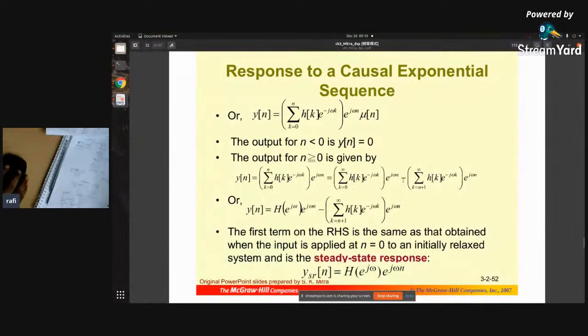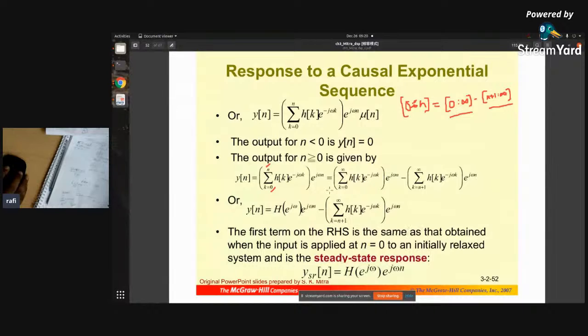The range 0 to n can always be written as 0 to infinity minus n plus 1 to infinity.